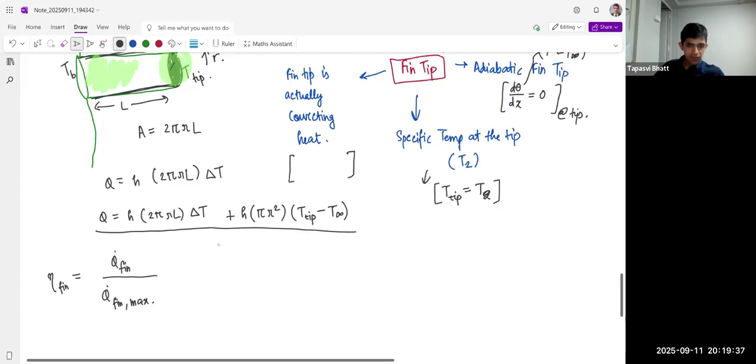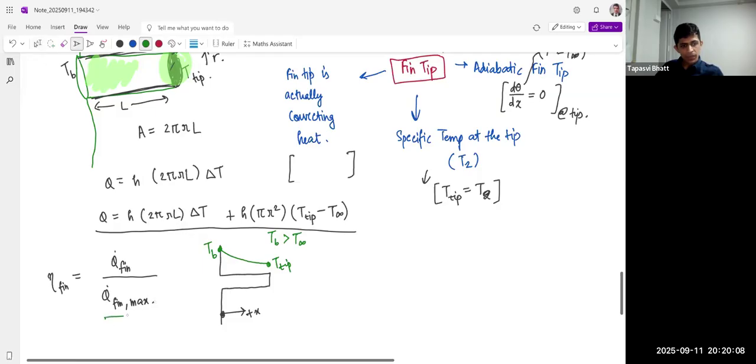Let's say this is the fin which we've got, and this is the positive x direction, this is x equal to 0. The temperature curve usually is like this inside the fin. This is TB and this is T tip. It gradually falls down because TB is greater than T infinity.